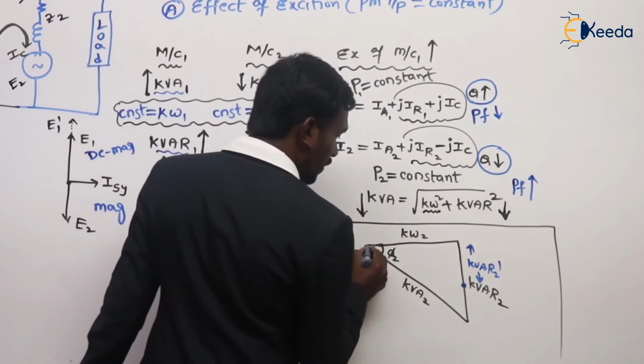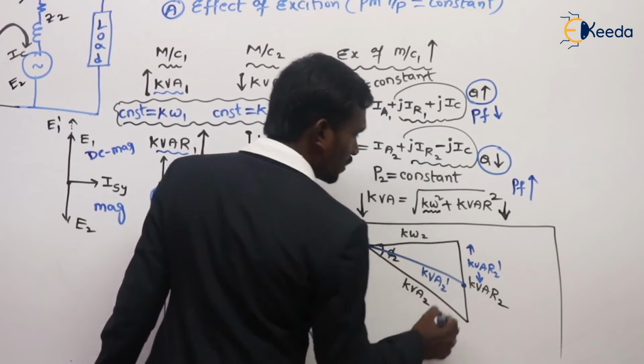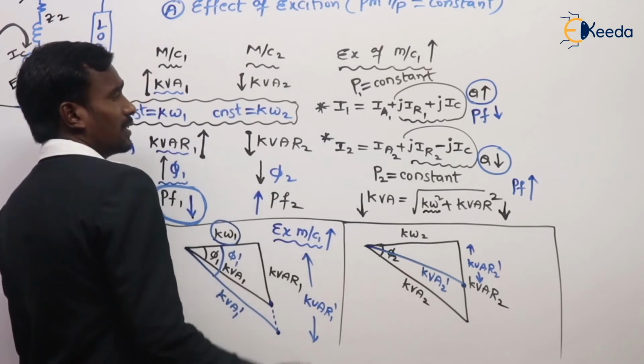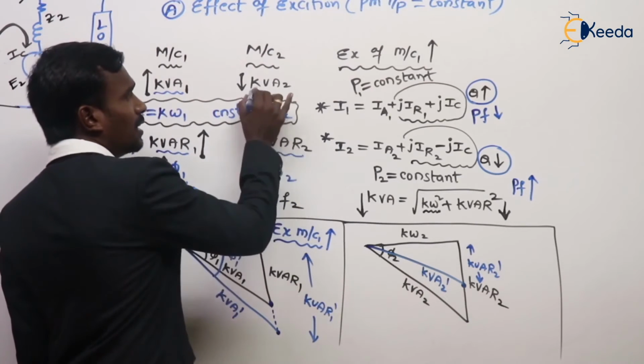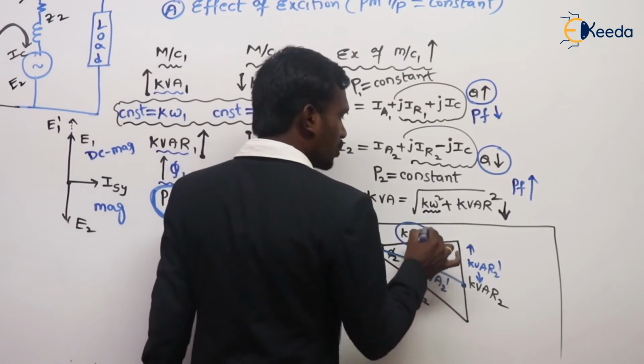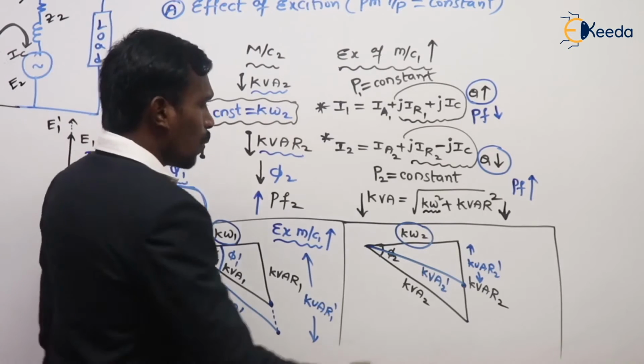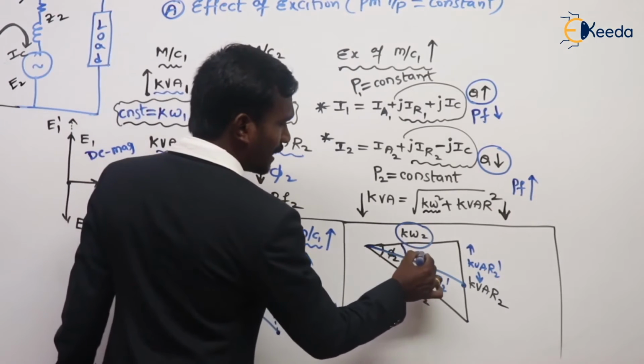What happened to kVA? kVA also decreases. What happens here? The kVAR decreases and kVA decreases. What about active power? Active power is maintained constant. What happened to power factor angle?